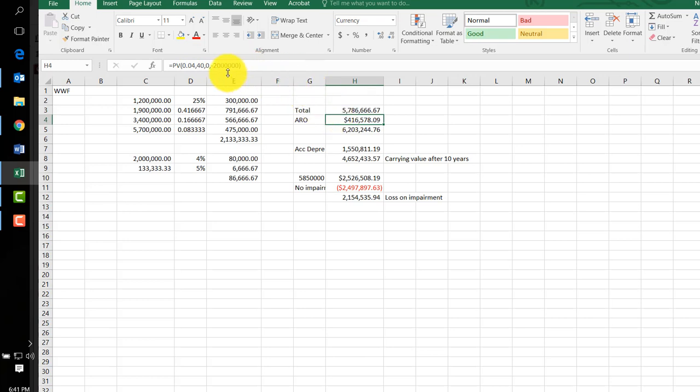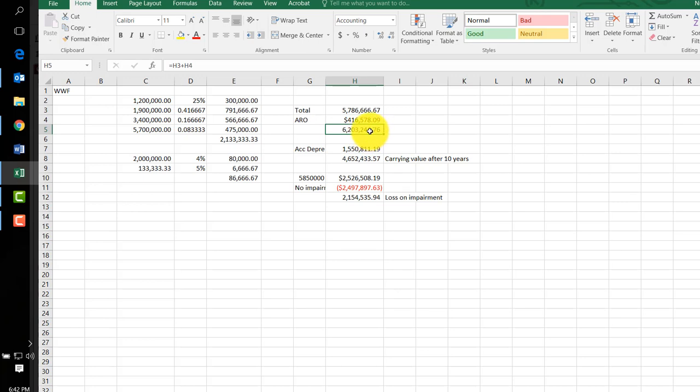So in this case, it's $2 million at the end of 40 years. There's not a series of payments. It's just one payment at the end of 40 years. So we do that with this present value formula. Calculate the asset retirement obligation. So our total cost would be 6,203,245.